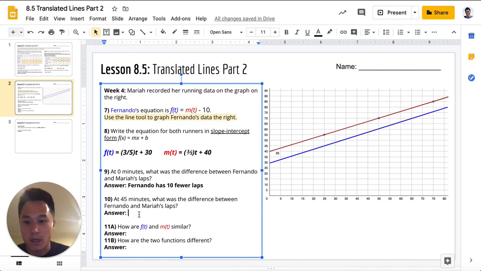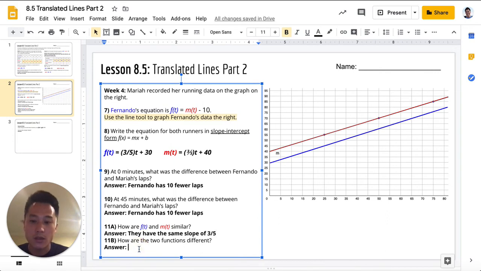At 45 minutes, what was the difference between Fernando's and Mariah's? At 45 minutes? That's right here. We see that he also still has 10 fewer. Fernando has 10 fewer laps. He's always going to have 10 fewer laps at any time interval. So how are F of t and M of t similar? We know that they have the same slope of 3/5.